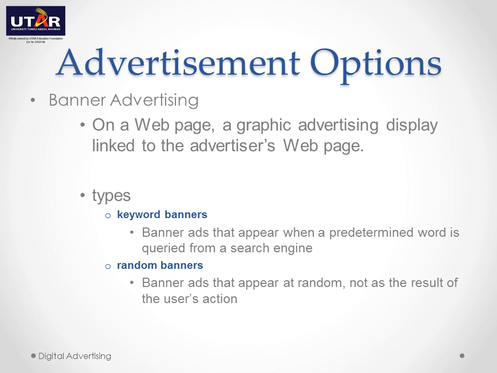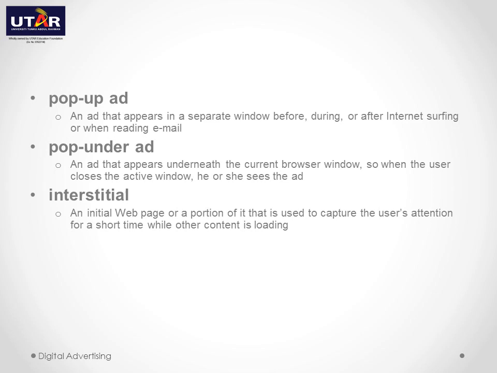It could be a graphic advertising display linked to the advertiser's webpage. It has to be coupled with linking. And then there are two types of banner ad. The first one appears by querying a keyword from a search engine, and the other one appears randomly, not as the result of an action. So this is the difference.